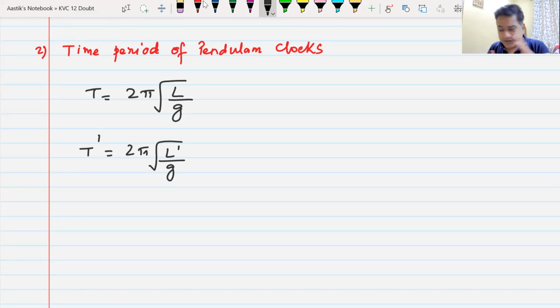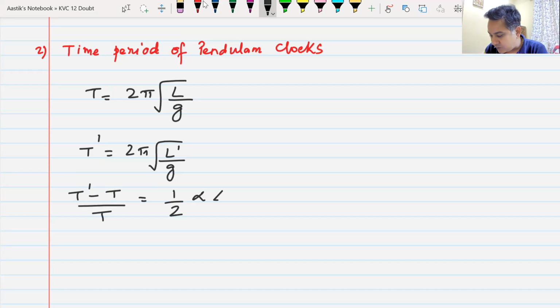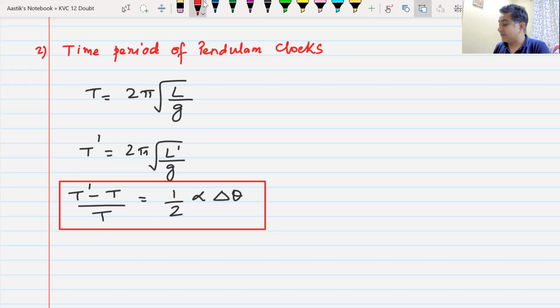Once I put the value of L dash in terms of L, alpha and delta theta, and then expand it binomially, I can land up with this formula. We are not going to get into how this formula is derived, but the result is important: T dash minus T divided by T is half alpha delta theta.